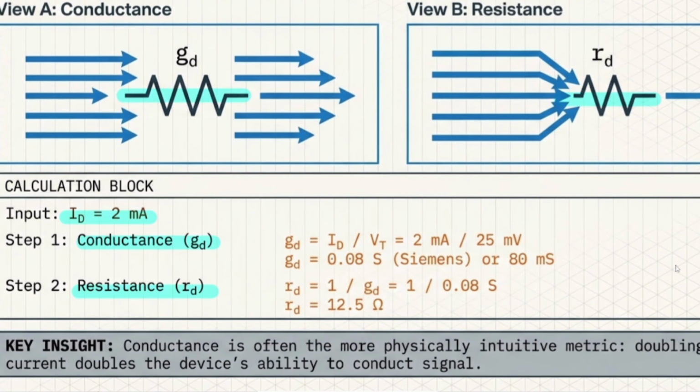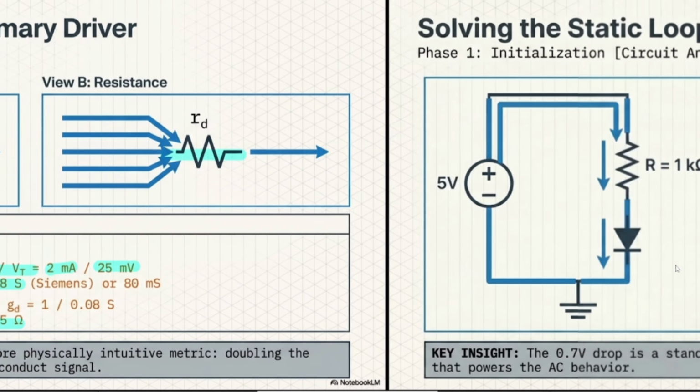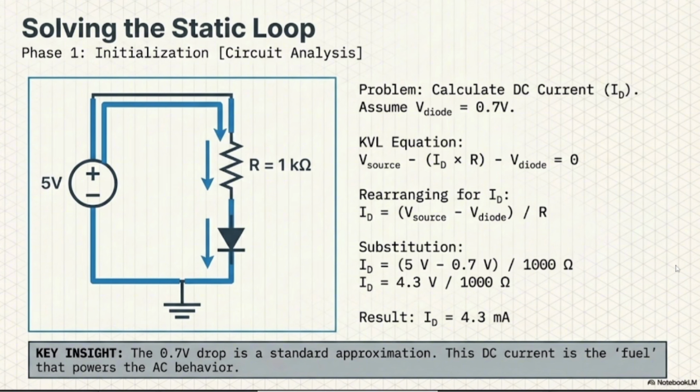The only thing you have to do is divide ID by VT. ID is 2 milliamp and VT is most of the time 25 millivolts, so you find that GD itself is in Siemens, by the way. Then by finding the reciprocal of that, you can find the RD. Most of the time we just need the RD itself, but just in case the question asks you, I can also find the GD.